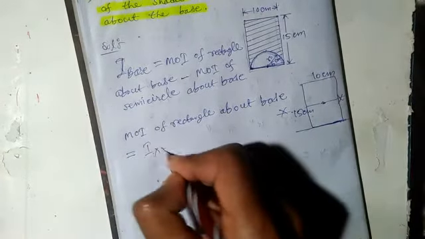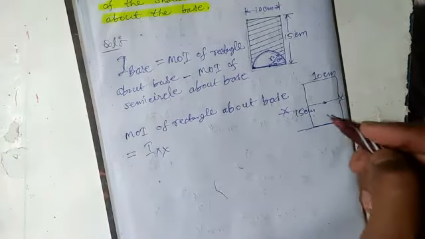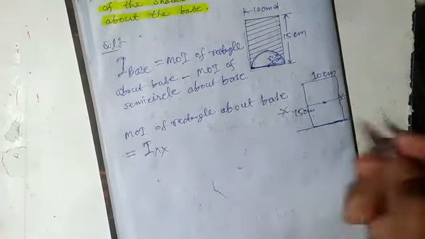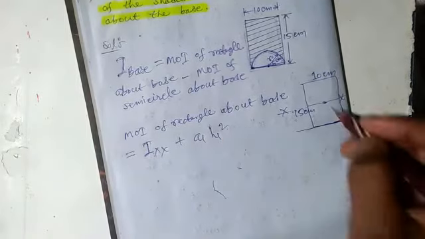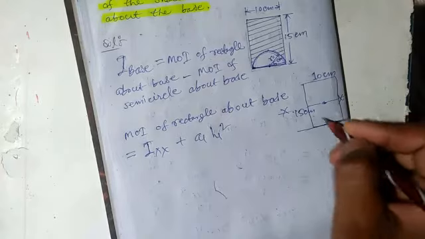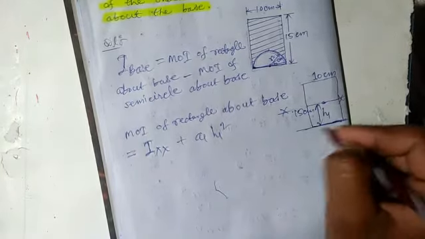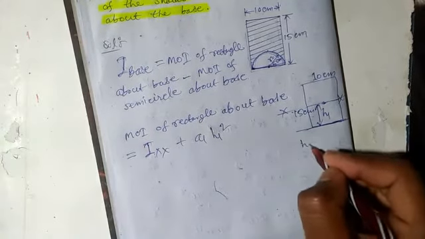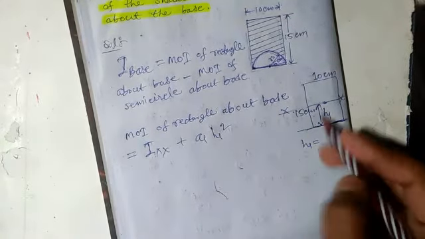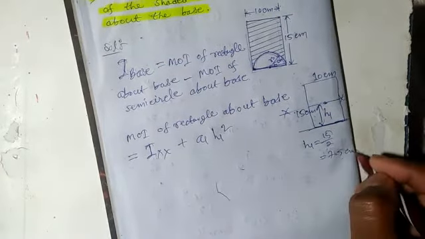So that will be Ixx. Here we need to use the theorem of parallel axis. So Ixx plus A1 h1 squared, where A1 is the area of the rectangle and h1 is the distance between this x-axis and this base. The value of h1 will be 15 by 2, that is 7.5 cm.